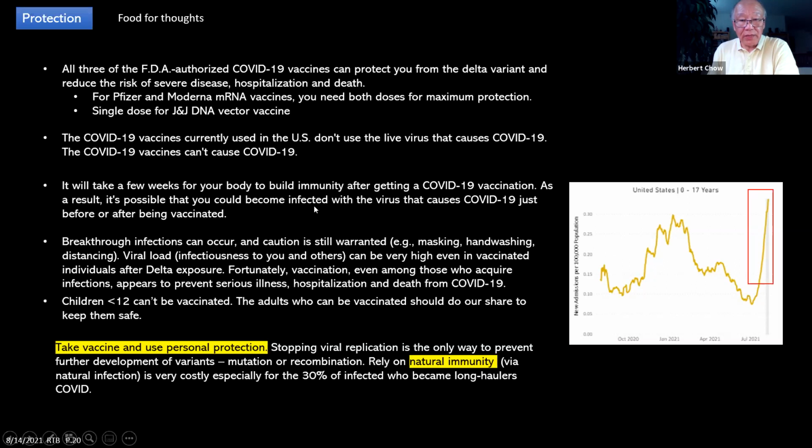So if you get exposed, you may get infected with the virus, even if you are newly vaccinated. You may get overwhelmed by virus in your nasal space, and it becomes a breakthrough infection. So breakthrough occurs. Caution is still warranted; we have to use masks and personal hygiene. The viral loads can be very high, even in the vaccinated group, when it comes to Delta.